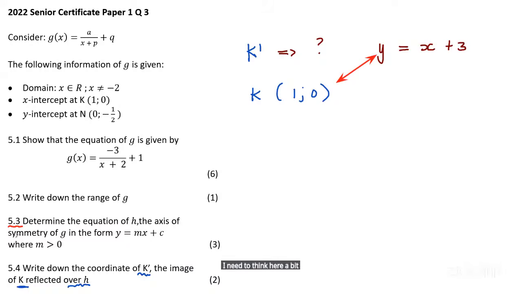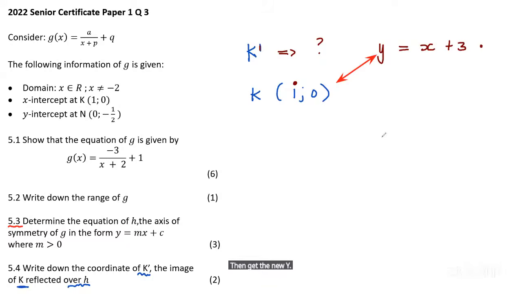I need to think a bit on this one. Listen to me, nothing hectic. It's pretty much straightforward. Follow this lead. y is x plus 3. What do you want? I want the K image. So this is what you do: you take the K x value, put it into the equation, then get the new y.